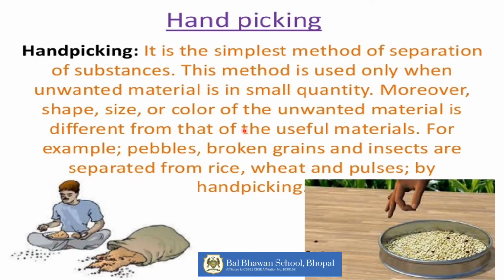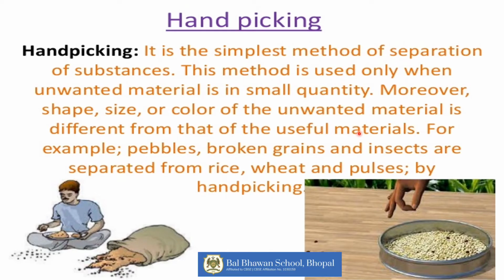And when is this method used? It is used when the unwanted material is in small quantity. Remember, there are two things. First of all, the unwanted material should be in a small quantity. And secondly, the shape, size and color of the unwanted material should be different from the useful material.